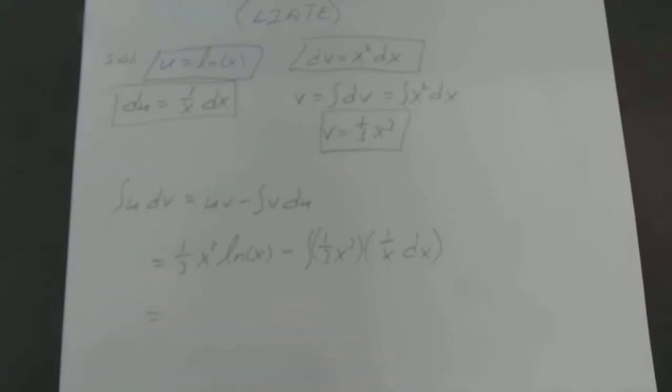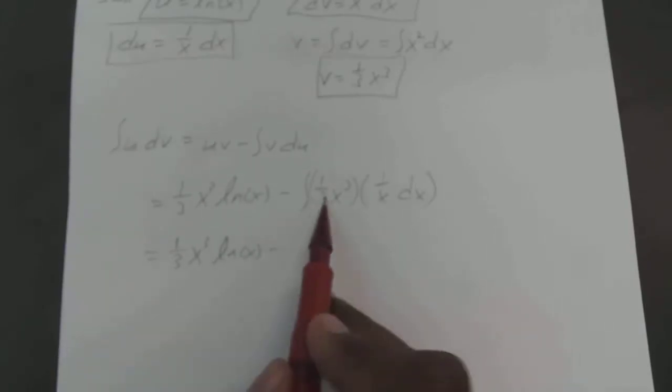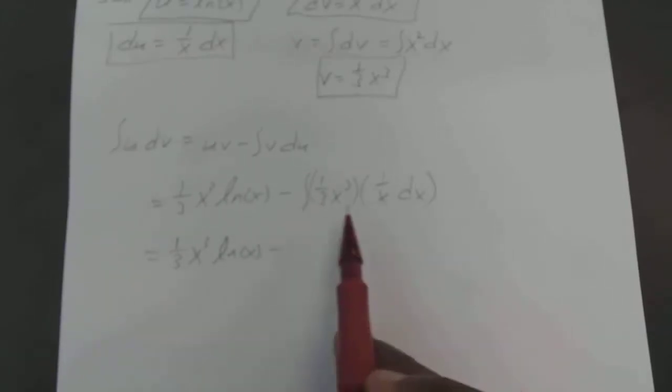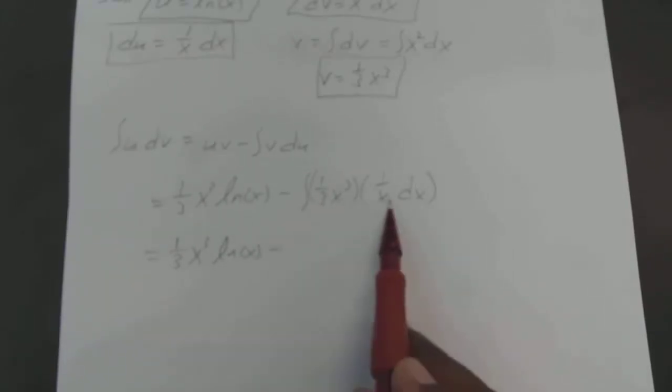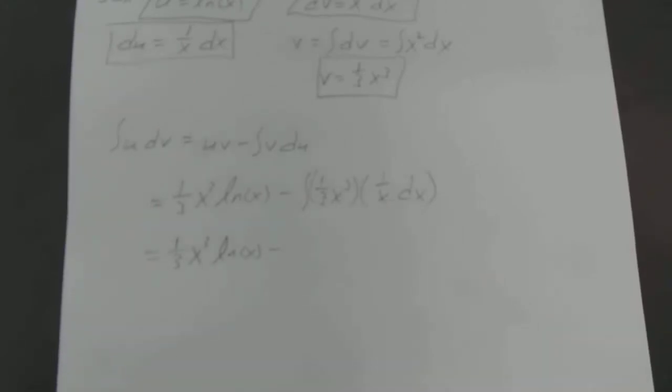There we go. So that's going to equal 1/3 x to the third natural log of x minus, we can get that 1/3 and factor it out, and this actually becomes 1 over x squared once you cancel one of the x's out.